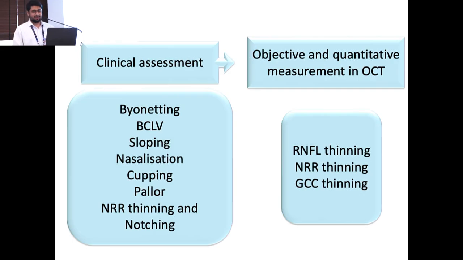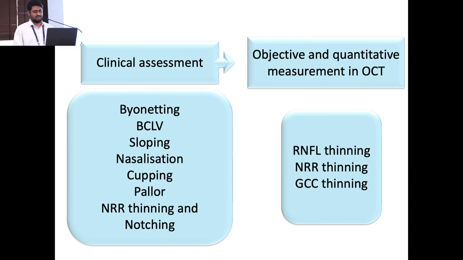Initially, we will be analyzing the optic nerve head. We have a lot of clinical signs to diagnose glaucoma and other optic nerve disorders. But now we have the OCT machine, and we can analyze each and every parameter objectively and quantitatively. We can measure retinal nerve fiber layer thinning, the ganglion cell complex, and the neuroretinal rim.